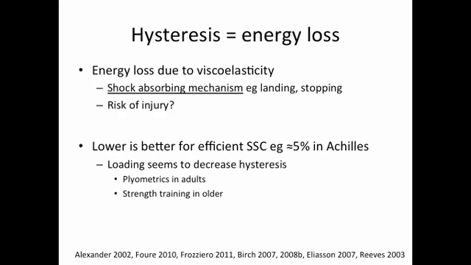Actually, before I talk about that, the energy loss really is due to the viscoelasticity in the tendon. So you've got the ground substance which makes it more of a viscous or viscoelastic material rather than just being an elastic spring. And the ground substance will therefore bring about some of this energy loss. It may be a good thing for some tendons. So for example, it may be a good shock absorbing mechanism.